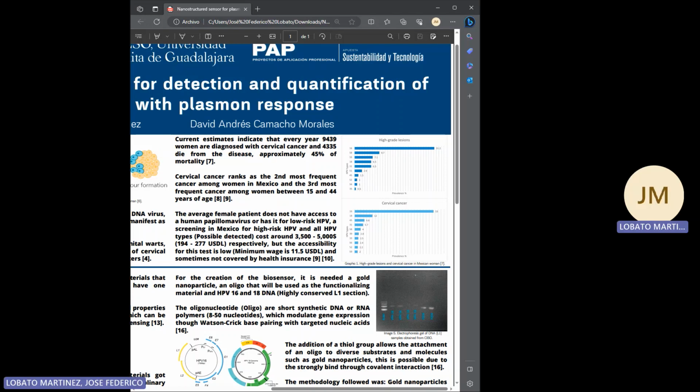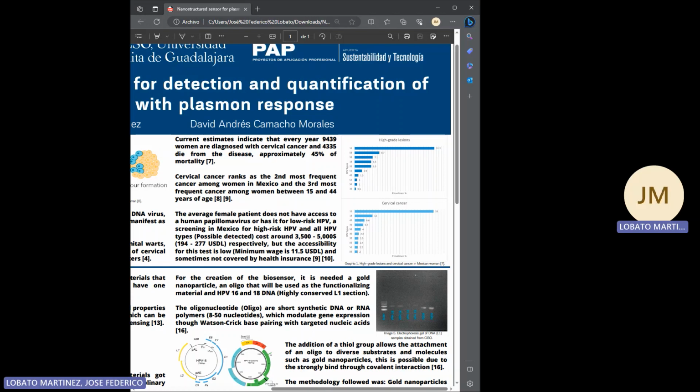One of the biggest problems is that the average female patient does not have access to a human papillomavirus test or has access only to a low-risk HPV test. These low-risk HPV tests do not cover HPV 16 and 18. A screening in Mexico for high-risk HPV and all the types of HPV that are possibly detected, because some are not detected with some tests, costs around 3,500 or 5,000 pesos, which is $277 approximately.